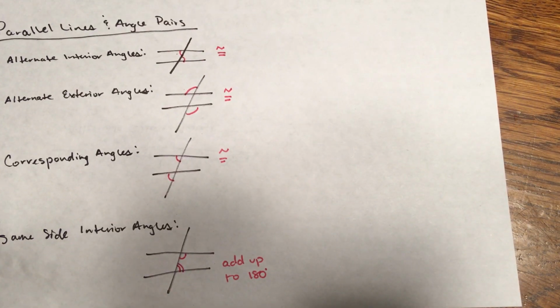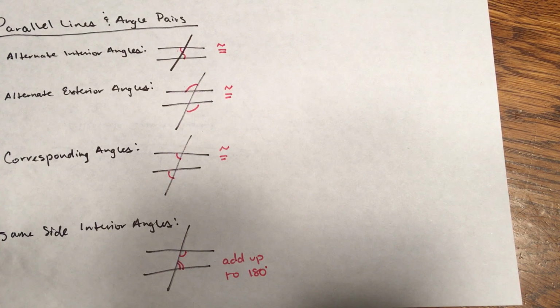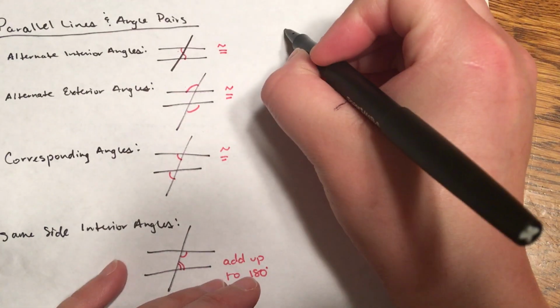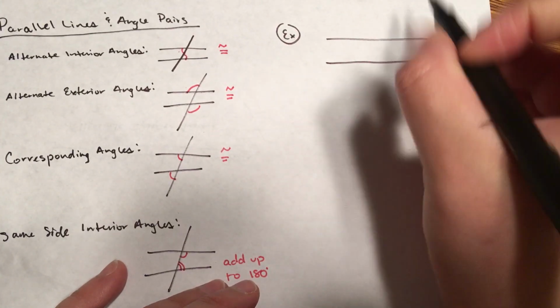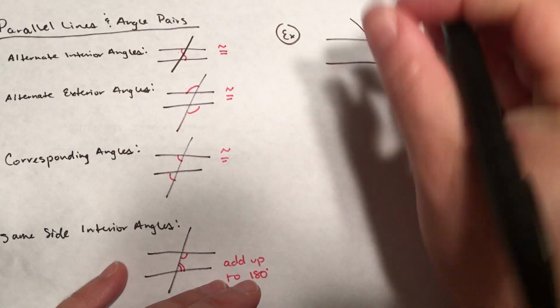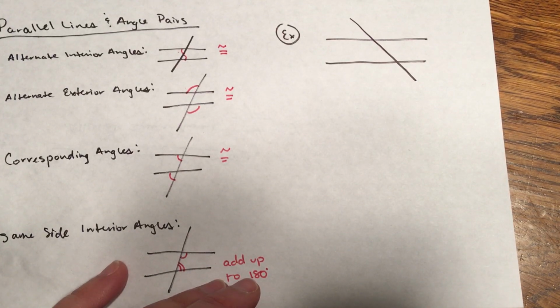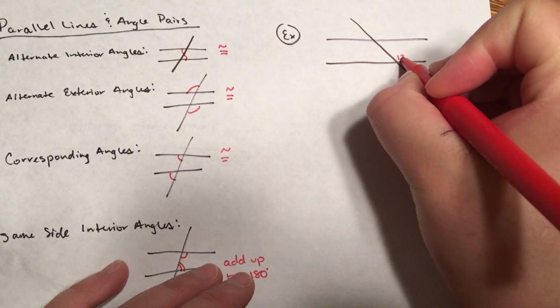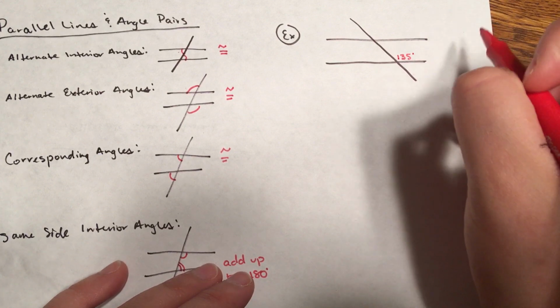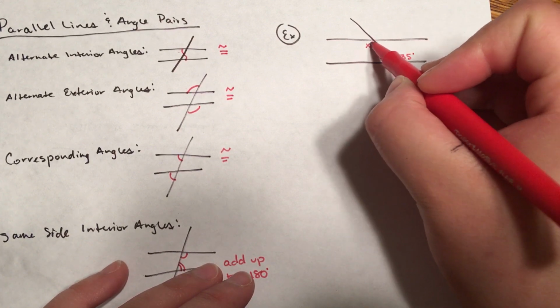So let's look at an example here. Go a different direction here. Let's say that this angle here is 135, and I want to know this angle here.